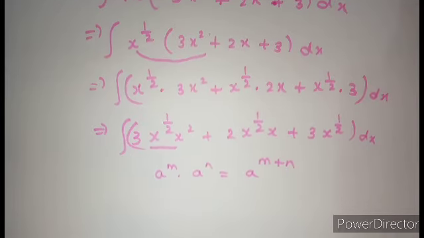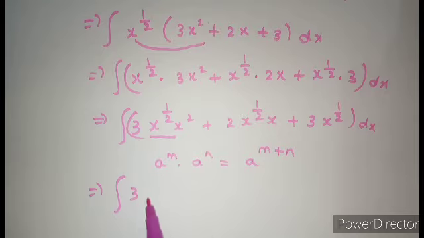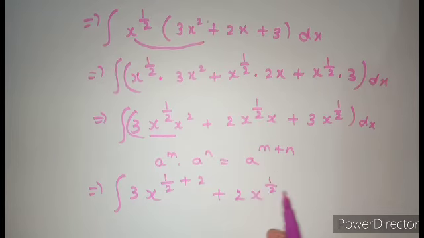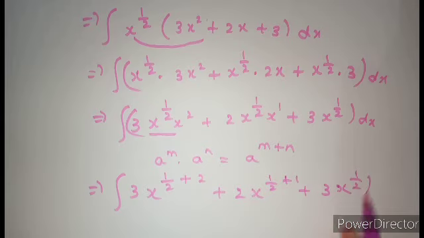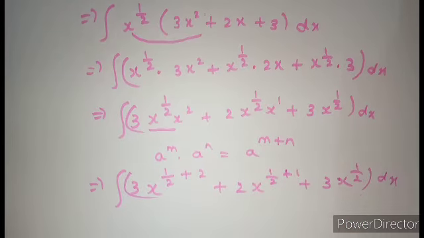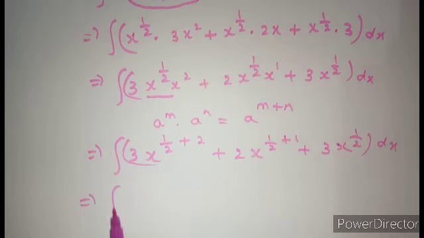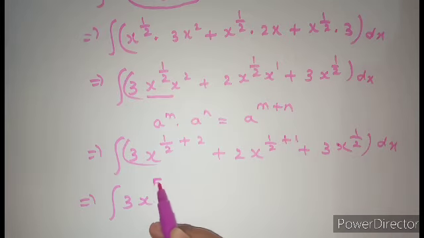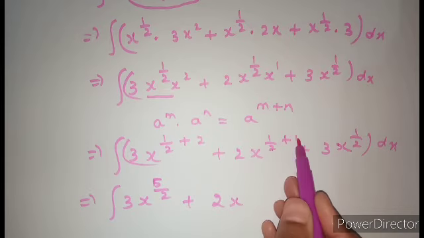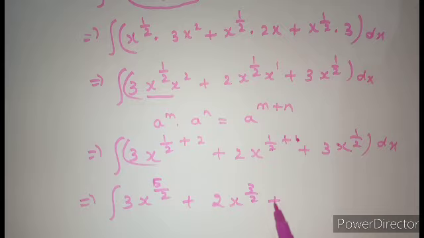So substitute: integral of 3x raised to, in place of m, 1/2, in place of n, 2, plus 2 raised to, in place of m, 1/2, in place of n, 1, plus 3x to the power of 1/2 dx. This implies 3x^(1/2 + 2) is 5/2, plus 2x^(1/2 + 1) is 3/2, plus 3x^(1/2) dx.